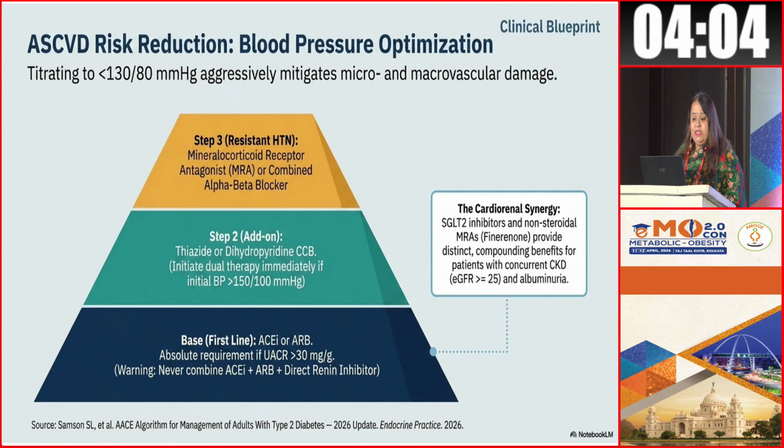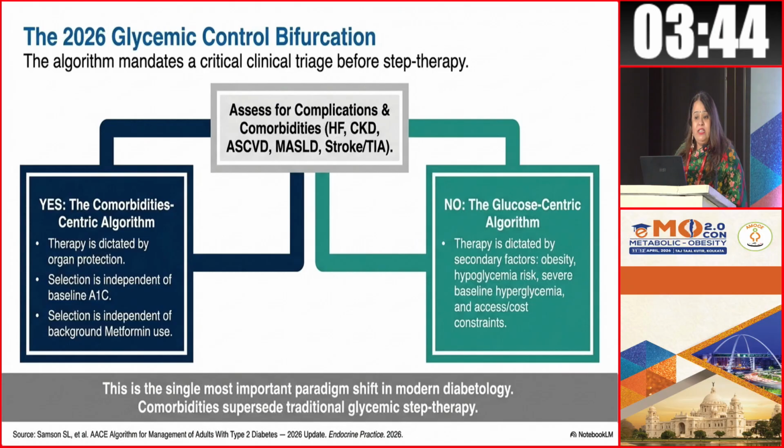The targets are well specified, step 3, step 2, step 1, very, very clearly defined here. And for the cardiorenal synergy, they specify the SGLT2 inhibitors and MRAs like finerenone provide distinct compounding benefits for patients with concurrent CKD and albuminuria. So again they're urging you to use these drugs earlier on rather than wait for later.